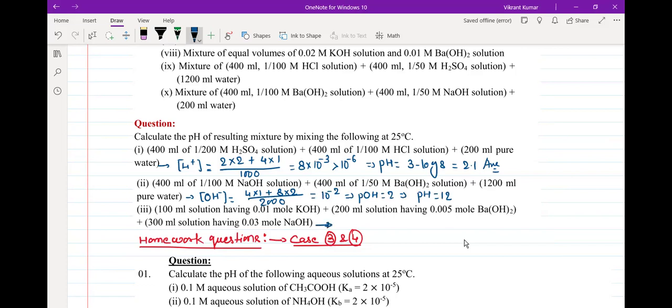Third one, we have got 3 basic solutions. So again OH minus का concentration will calculate. अच्छा moles दिया हुआ है, तो यहाँ पे moles ले रहे हैं, तो 0.01 mole plus second में we have got 0.005, ये तो moles of BaOH twice है, तो into 2 will become the moles of OH minus, plus 0.03 into 1 will be moles of OH minus from NaOH.